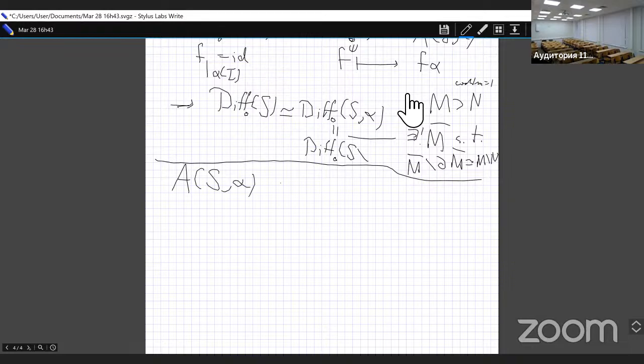And to prove this, we consider two different cases. The first case is when alpha connects two different components.